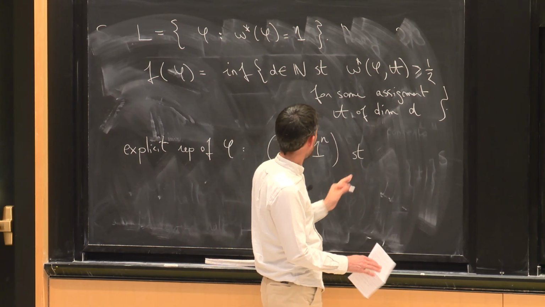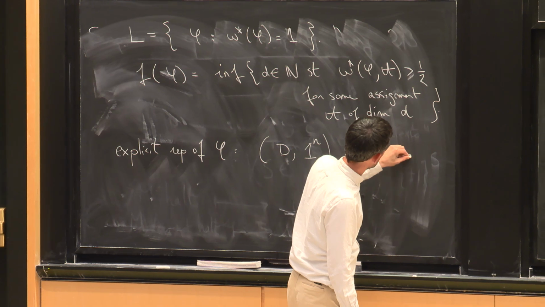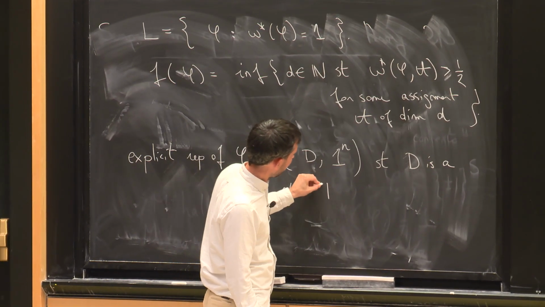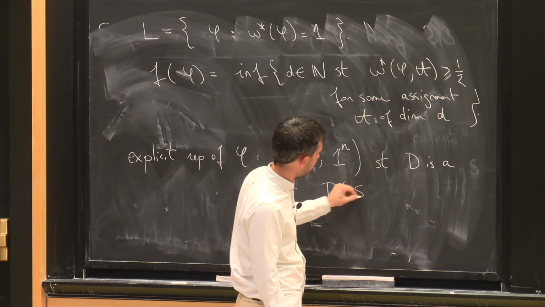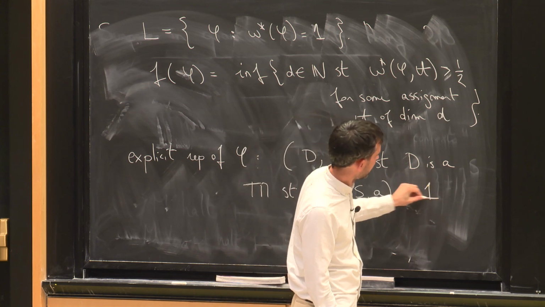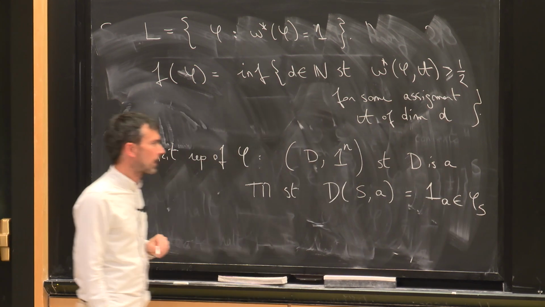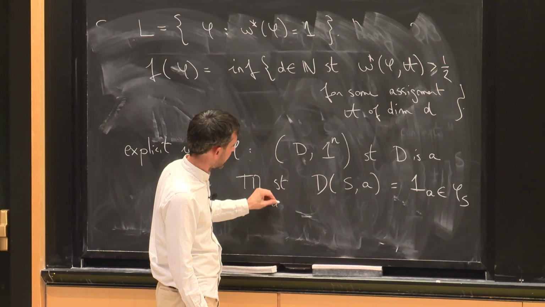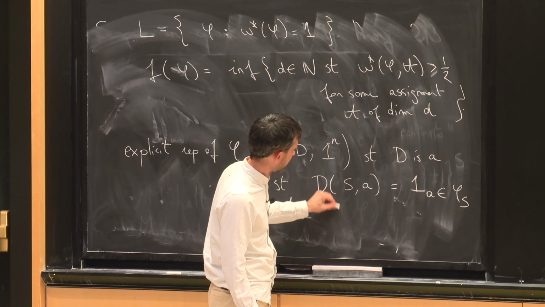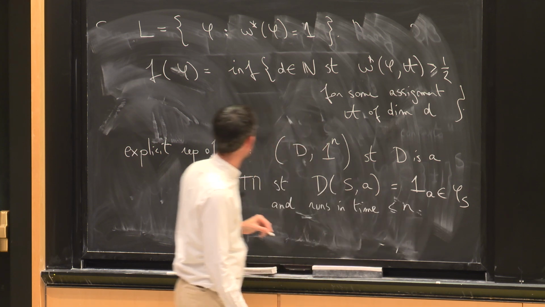Here I'm being a little bit informal. D is a Turing machine such that if I give it as input a set S and an assignment A, it computes whether A is in phi sub S, and it runs in time at most n.